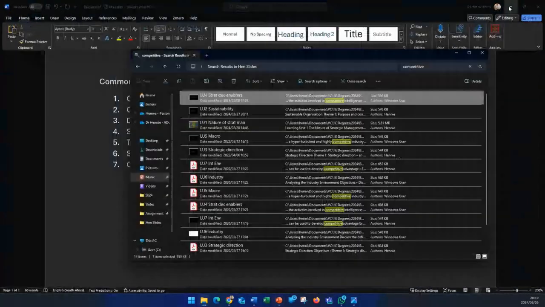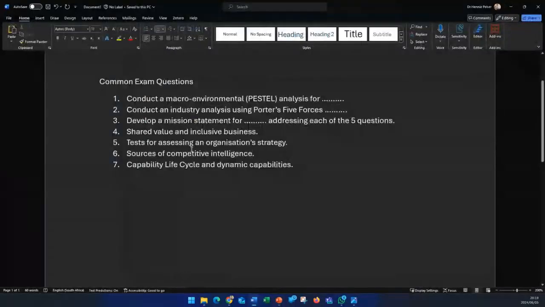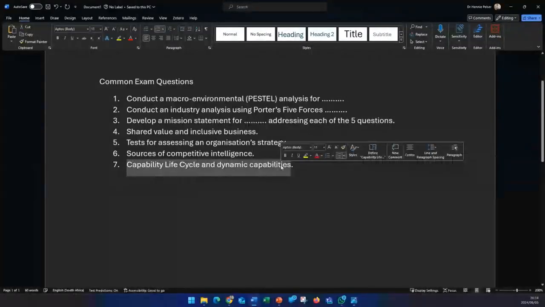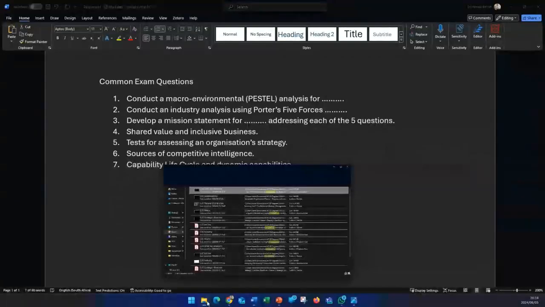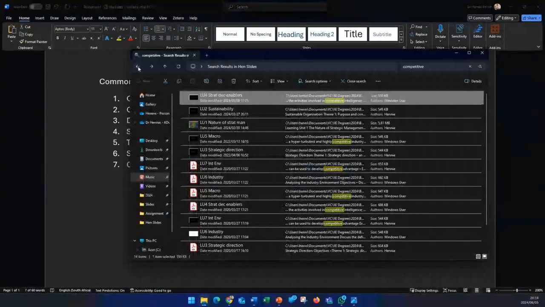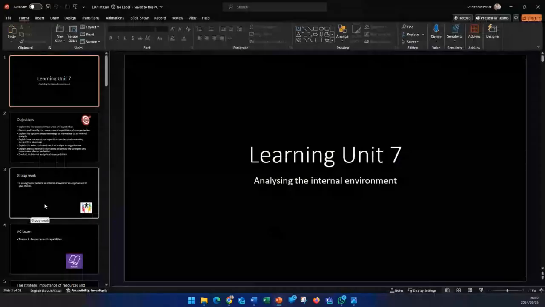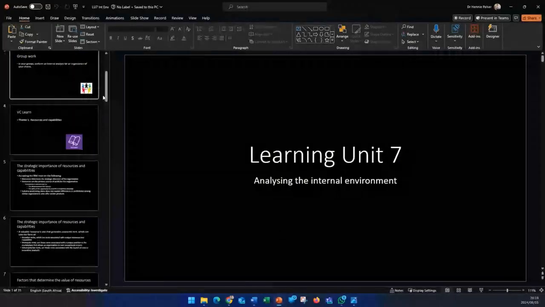The others that I put in would be, this one they love asking, the capability life cycle and dynamic capabilities. They love asking that. It is the internal environment, toward the end of the chapter.